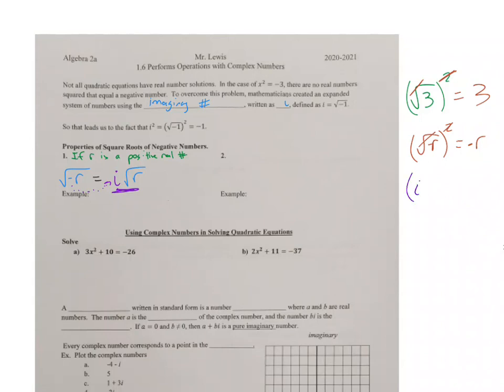Basically, they're saying if this property 1 is correct, I should be able to get negative r here. And that's what happens in number 2. And then we don't use it a lot, but it says, because property 1 is true, then we get to say this.